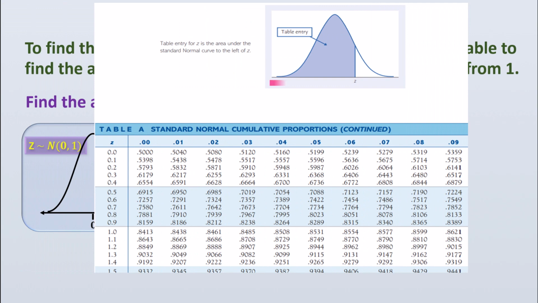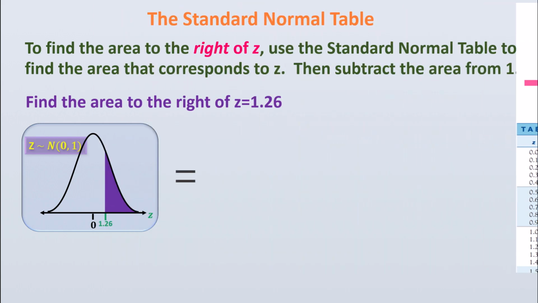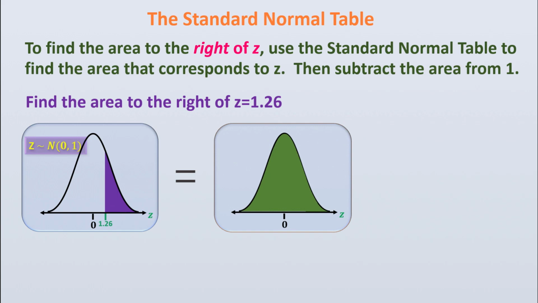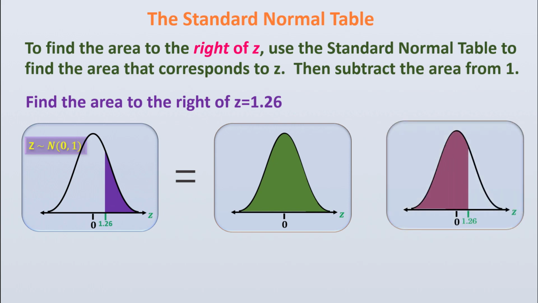As I mentioned before, the table always gives the area left to the z-value. Now how do we find the area right to the z-value? We know the total area, the entire area, and also we can use the table to find the area left to the z-value. Then subtract.